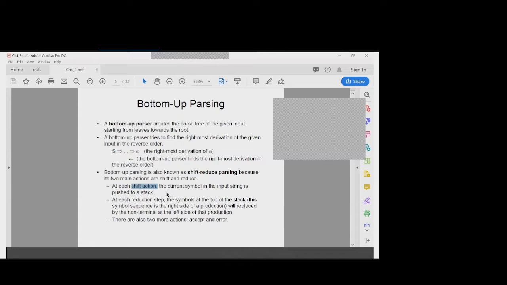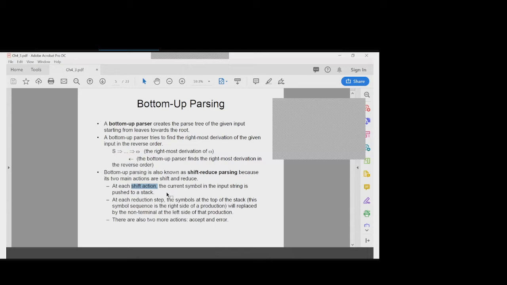That means you are not reducing the production to any non-terminal symbol, right? You are just taking the next input symbol. Suppose your string is small letter a and the next symbol after a is b. Reduction means reducing that terminal symbol a to a non-terminal symbol. But suppose you do not have any production which has a single a.